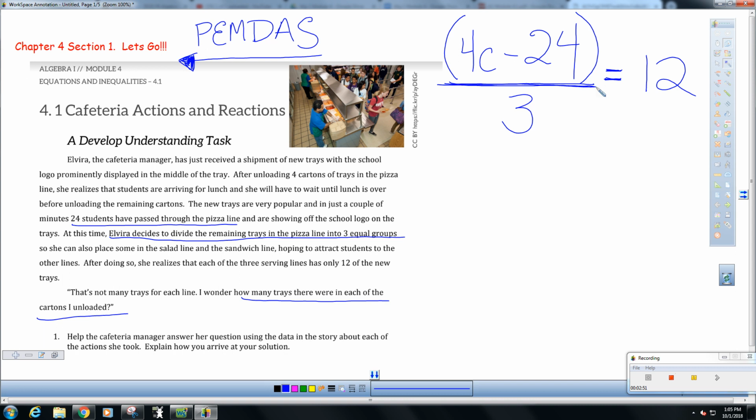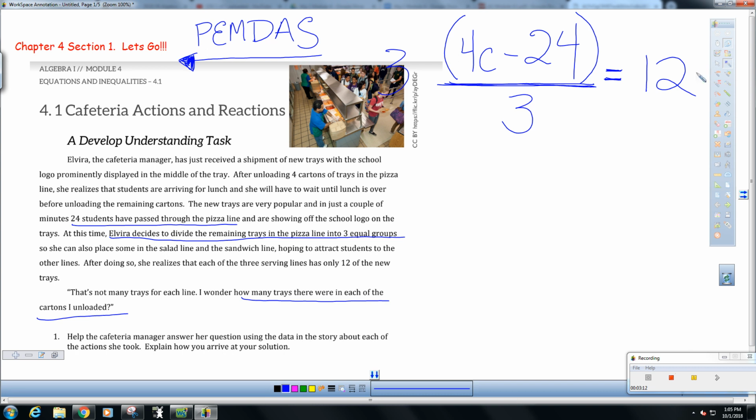So, I don't get rid of the addition and subtraction first in this one because that is in a parentheses. So I don't have any addition and subtraction to get through right away. So the first thing I'm going to do is I'm going to get rid of the division. How do I get rid of division? I multiply.